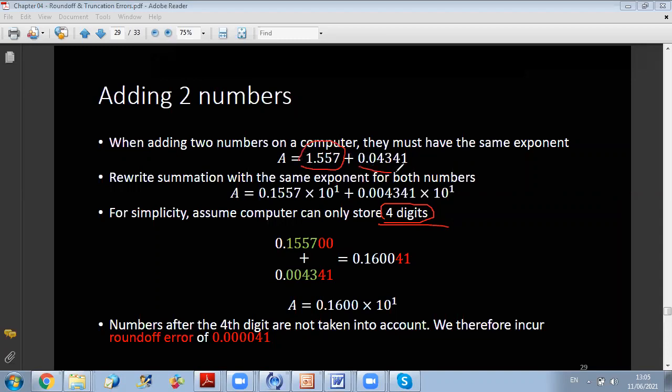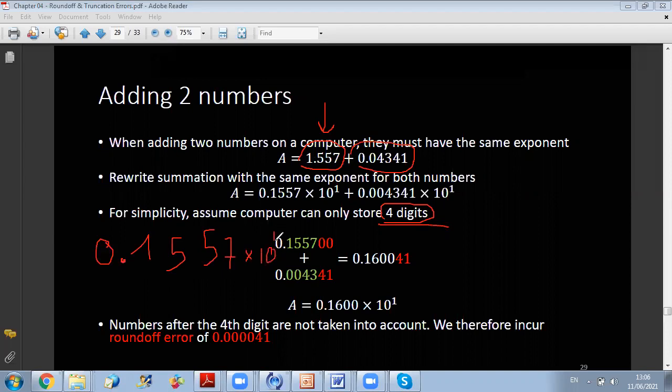I want to add 1.557 and 0.041. Now, what is the conventional way to write a number? The conventional way is to put it as 0. point something. So here, between these two, the largest number is 1.557. So I can represent it on my computer. It can read it as 0.1557, okay, times 10 to the power 1.